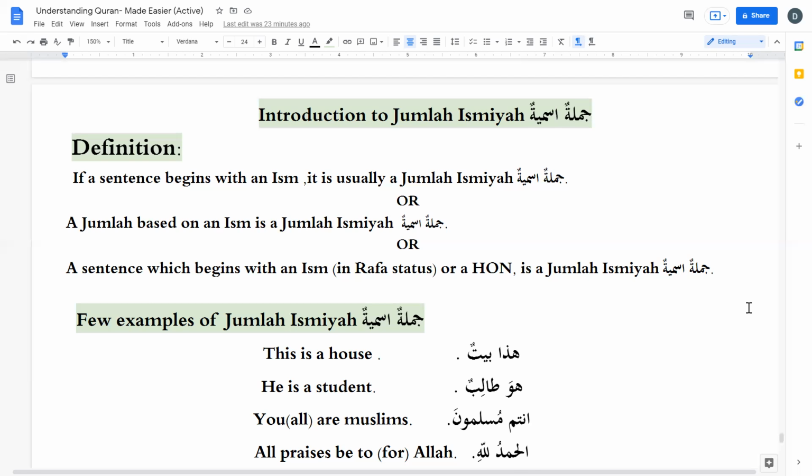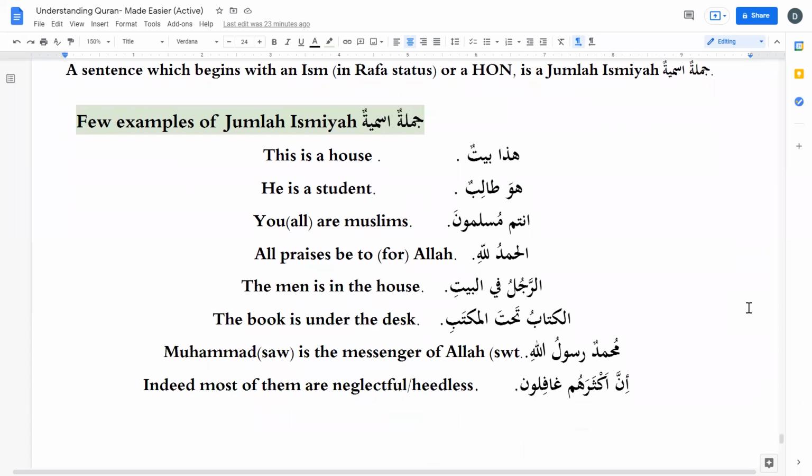Okay, now let's see a few examples of Jumlah Ismiyah. Hadha Baytun, this is a house. Then Huwa Talibun, he is a student. Antum Muslimuna.